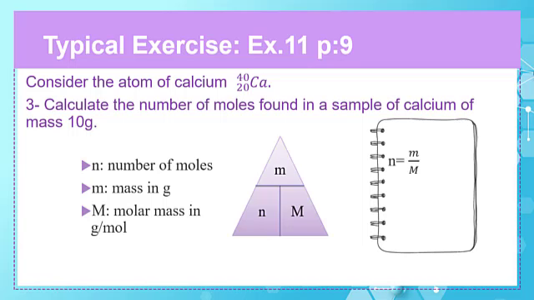Therefore, we start by writing the rule n equal m over the molar mass. The value of m should be in gram, it's given 10 gram. We divide it over the molar mass, which is 40, found in number 2, and the answer is 0.25 mole.